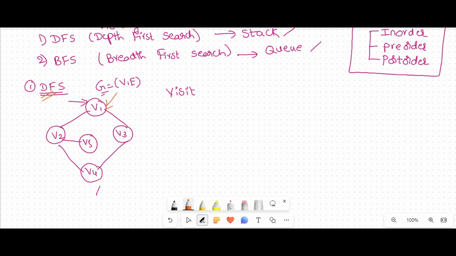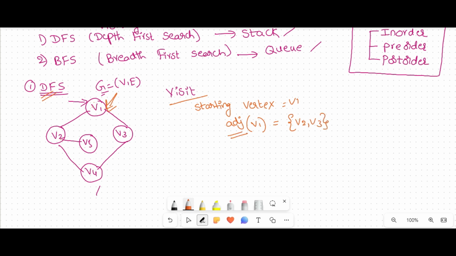In depth first search, start from any vertex and mark that vertex as visited. Find the adjacent vertices for the V1 vertex. What is the starting vertex? The starting vertex is V1. The adjacent vertices for V1 are V2 and V3.